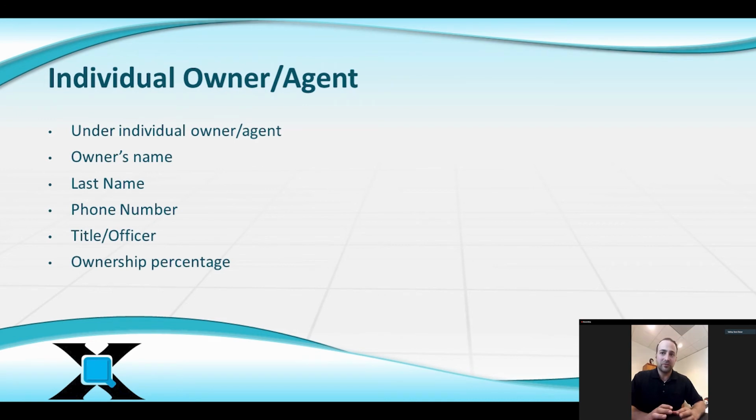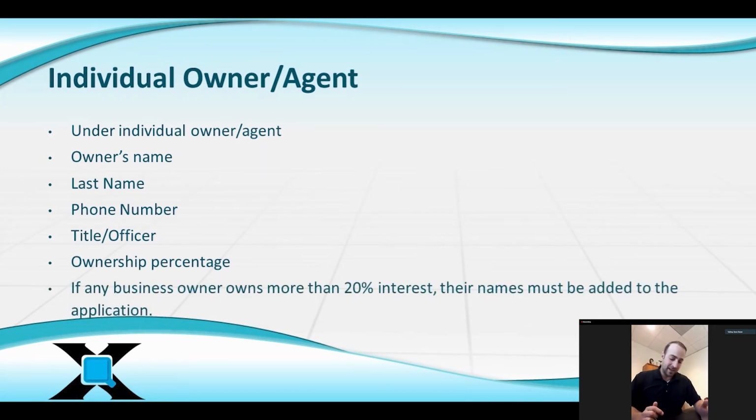So just make sure to revisit your ownership percentage and make sure it adds to 100%. And that if anybody owns 19.99% or less, they are not required to be added or included as an individual owner on this application. However, if they own 20% or more, we need to add them. And then you continue into supplementing your email and social security number and date of birth.